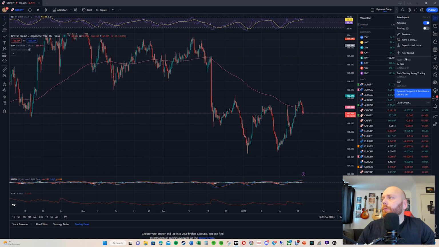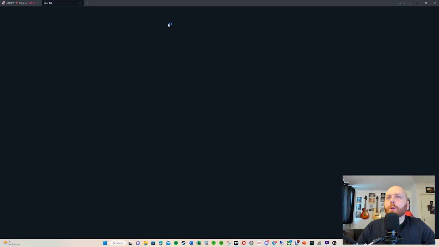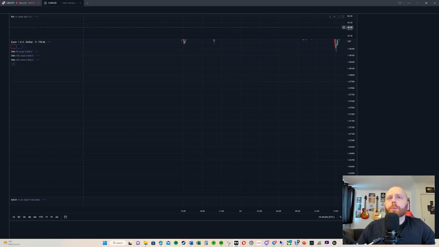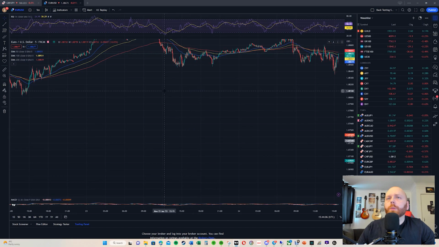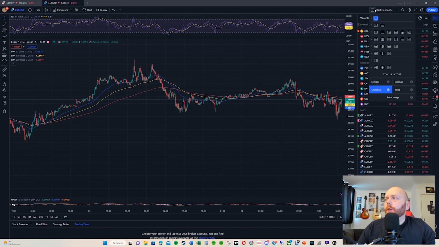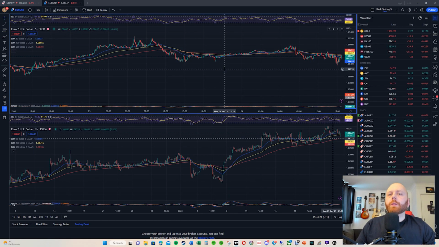And you can also have different tabs open. You can open up a new tab at the top and open up the layout that you want, so you've got the different layouts in the different tabs at the top. When you've got the premium version, you can also change the layout of the actual view, so you can add more than one chart into one screen.